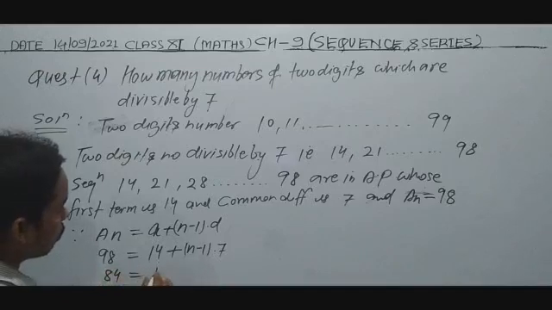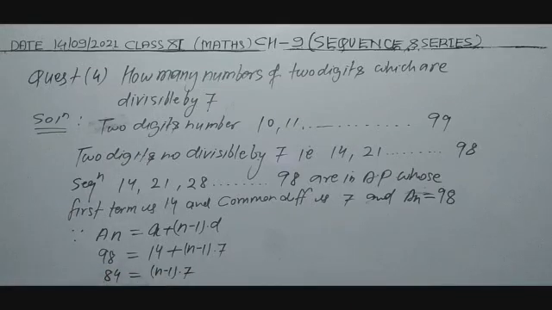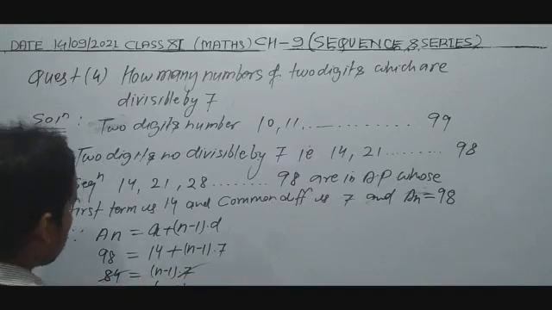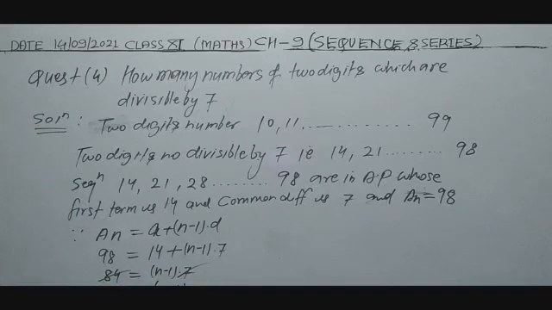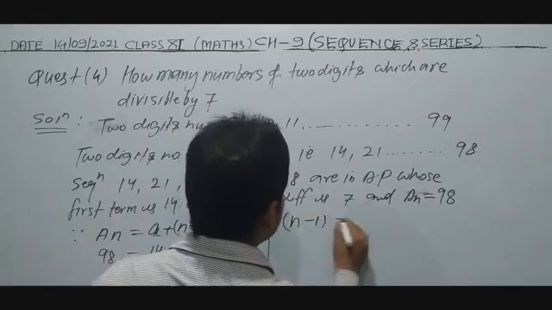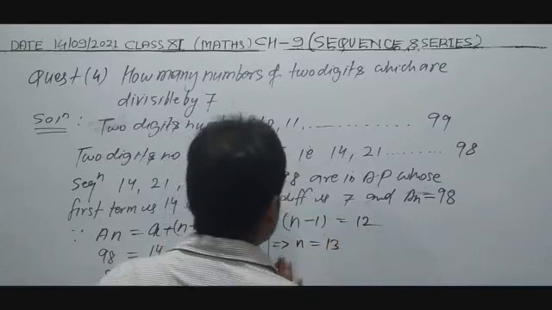So 84 is equal to n minus 1 into 7, and from the 7 table it will cancel out, the result will be 12. So n minus 1 is equal to 12. This implies n is equal to 13.